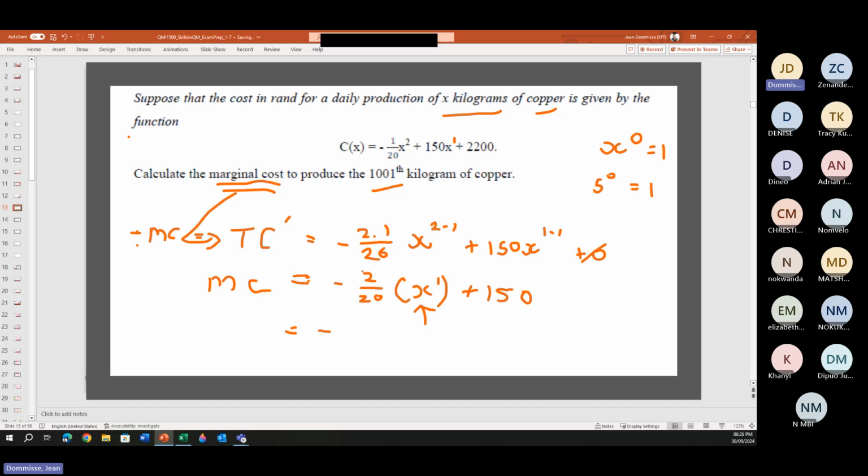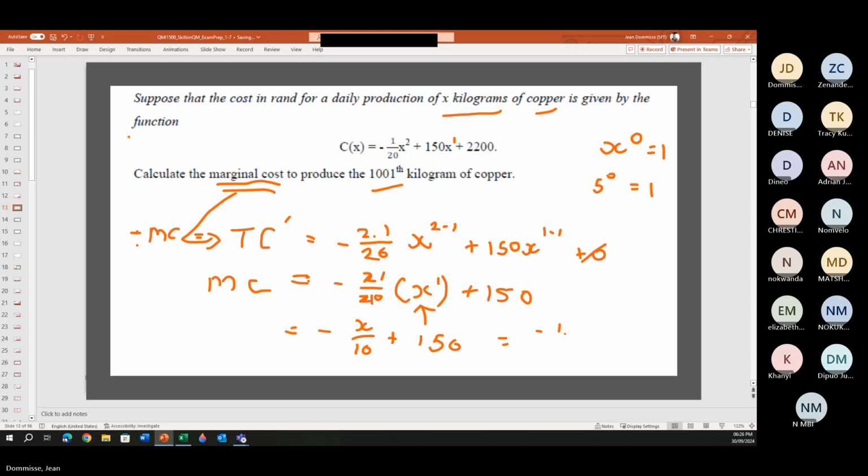So that's 2, that's 1, so that is x over 10 plus 150. So then we will substitute 1,000 into that. Then we will see what it will cost for that extra unit.